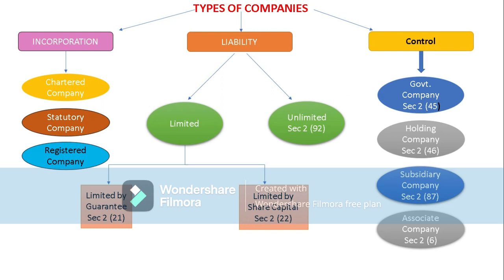So government company means the company where the central or state government holds 51% of shares, and 49% can be sold to the public. Such companies are treated as government companies, and all subsidiary companies of a government company are deemed to be government companies only. For example, a government company in India is Hindustan Machine Tools.